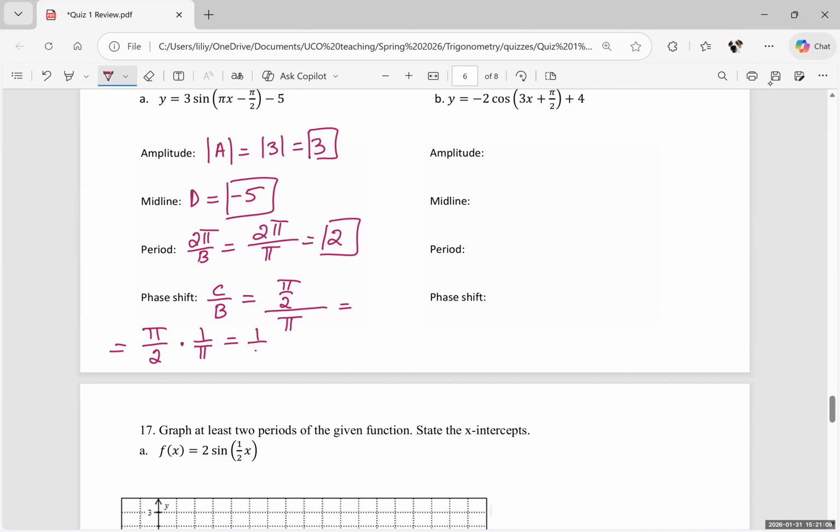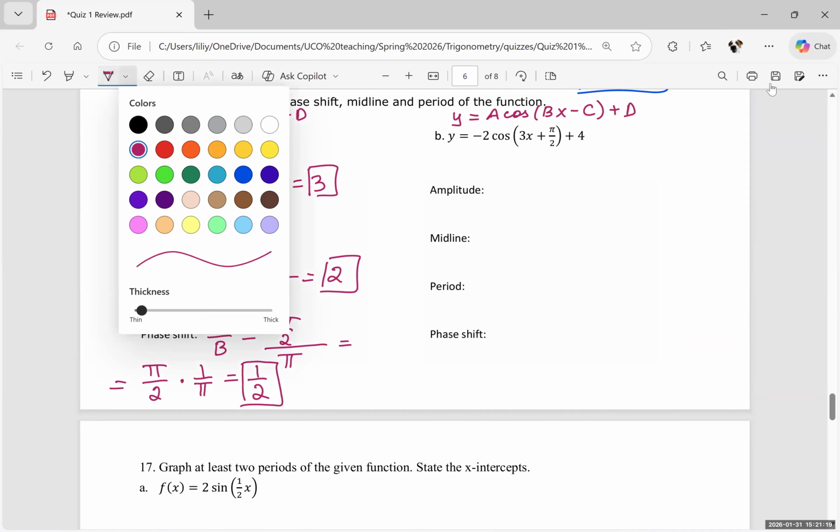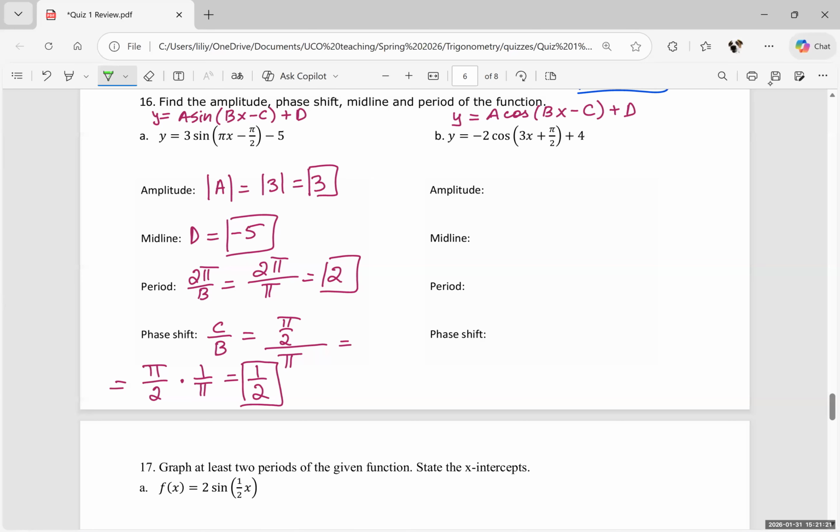Pi's cancel out, 1/2 would be your phase shift. Now, why is it positive instead of negative? That's because this x goes with that minus sign, just like the formula does, right there.